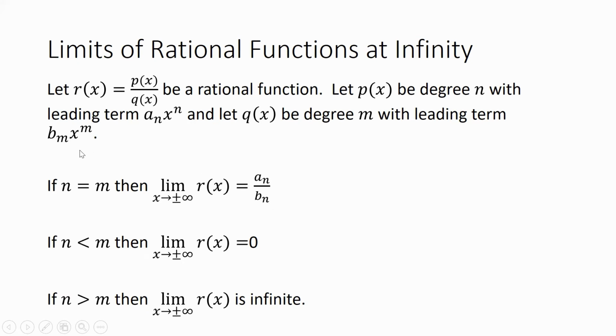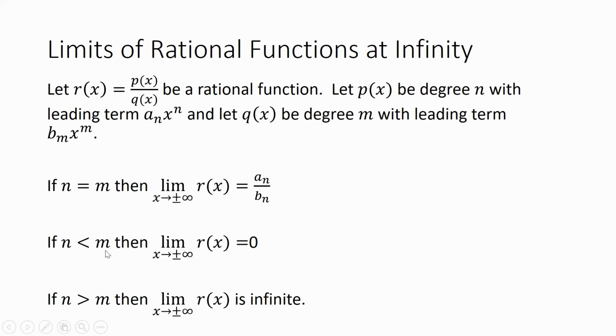Now I said b sub n, you might say, well, didn't this say m? Yeah, but n and m are the same numbers. So b sub n is the leading coefficient of the denominator when n equals m. If we have the same degrees, we just look at the leading coefficients.